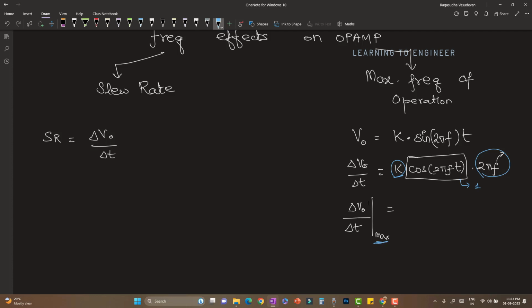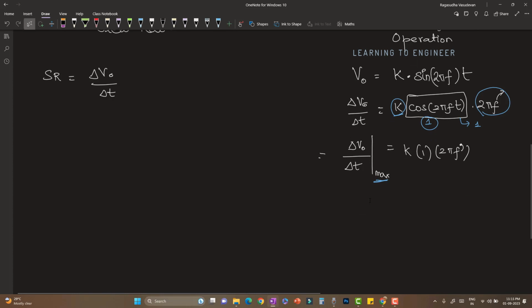So when we are trying to find out the maximum rate of change of output, we are going to substitute the value of this term to be 1. So this is equal to k into 1 into 2 pi f. Let's denote this as f dash, because this is going to be the maximum frequency at which you get a maximum change in output.